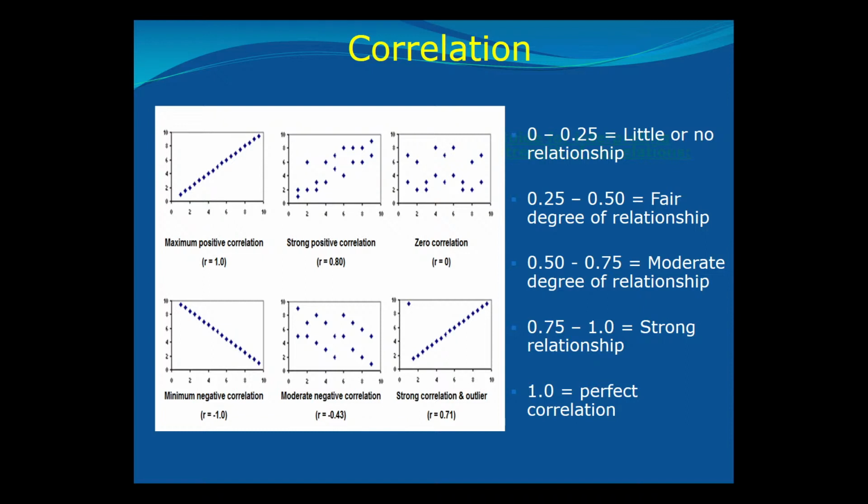Look at the graphs. For a perfect linear relationship, the graph is the top left graph, maximum positive correlation, R equals 1, and below this graph there is minimum negative correlation.